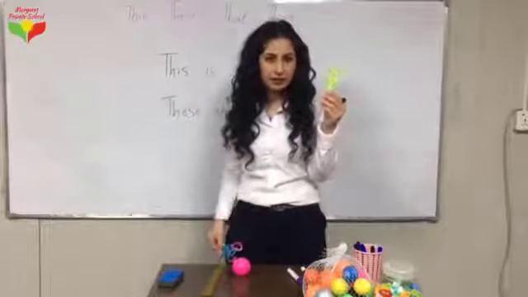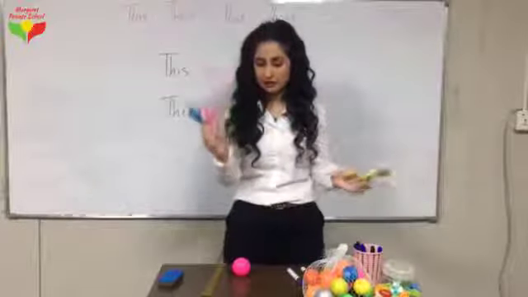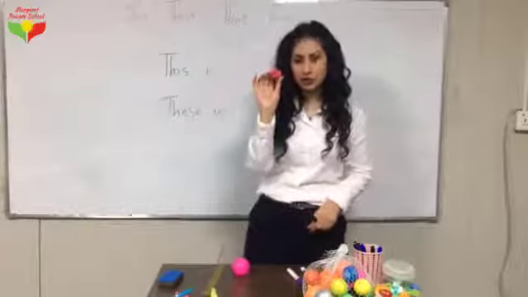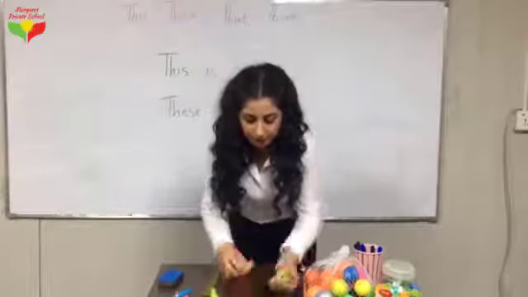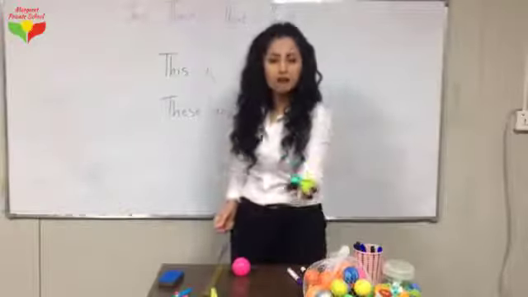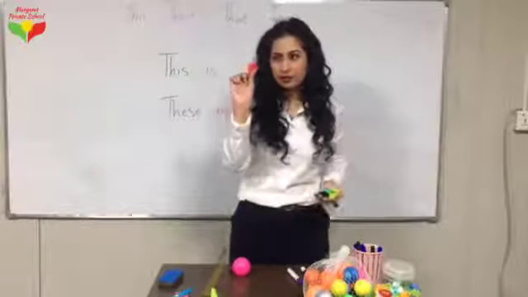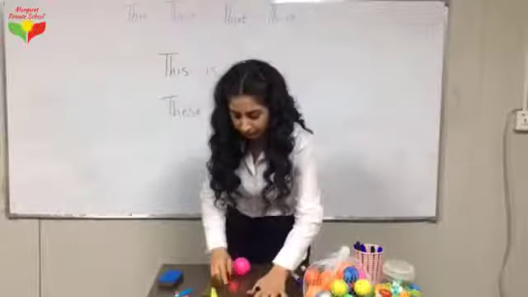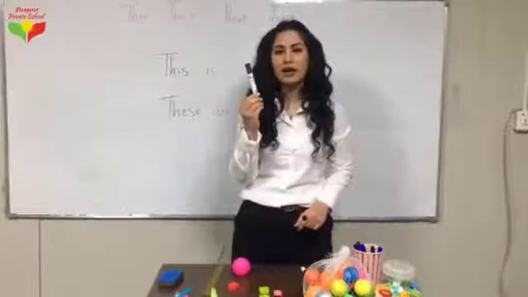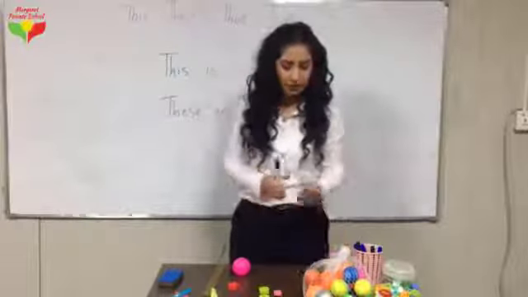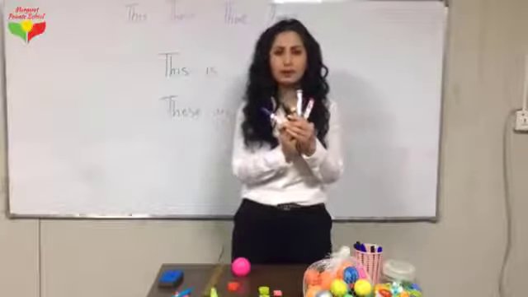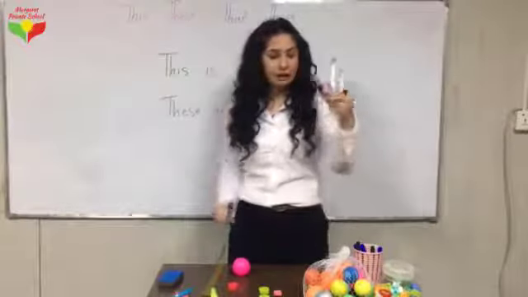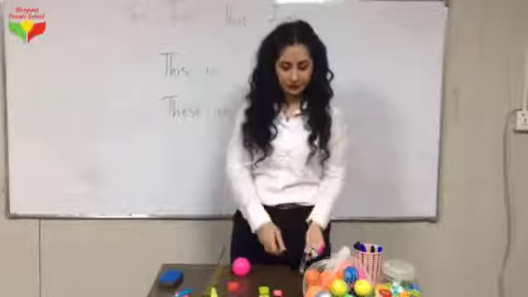Look at the pencil sharpeners. This is my pencil sharpener. These are my pencil sharpeners. Okay. This is my marker. These are my markers. This is my marker and these are my markers.